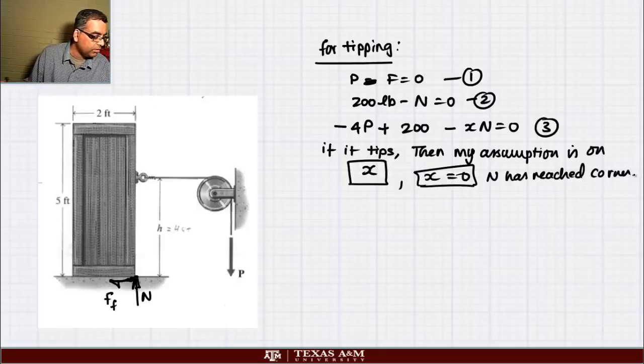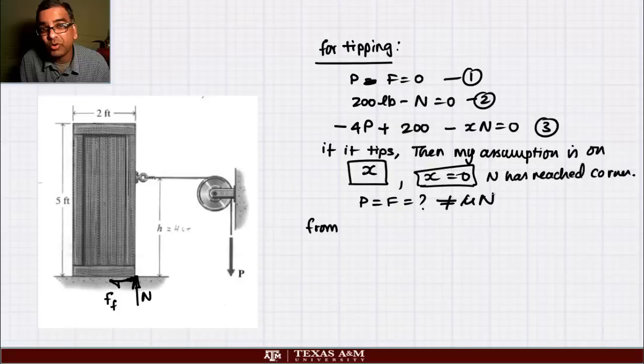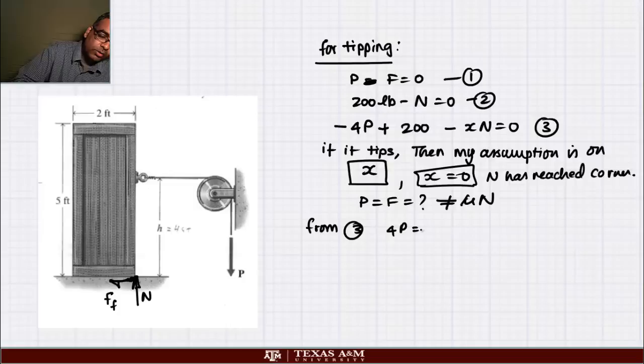If N has reached the corner, I will see P equal to F. We don't know what it is, but I know that from 3, so this is not equal to mu times normal, because F can be anything less than mu times normal now. So from 3 you will get 4P equal to 200, which implies P equal to 50 pounds, which is F, which is less than mu times normal.